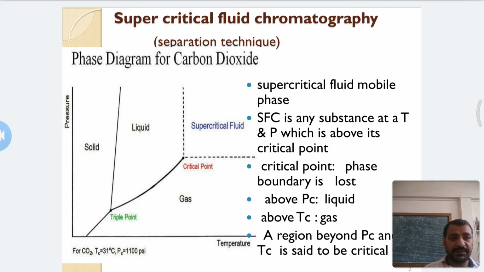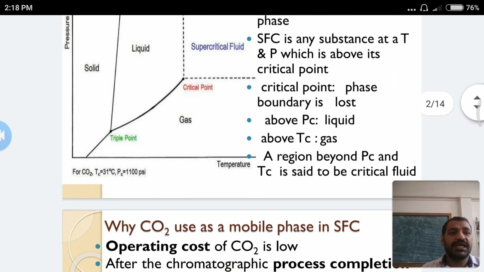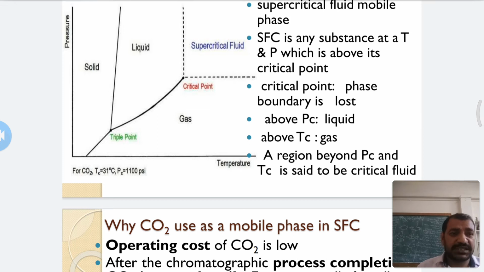Above the critical pressure it forms a liquid phase, and above the critical temperature it forms a gas phase. The region beyond the critical pressure and critical temperature is said to be the supercritical fluid region.